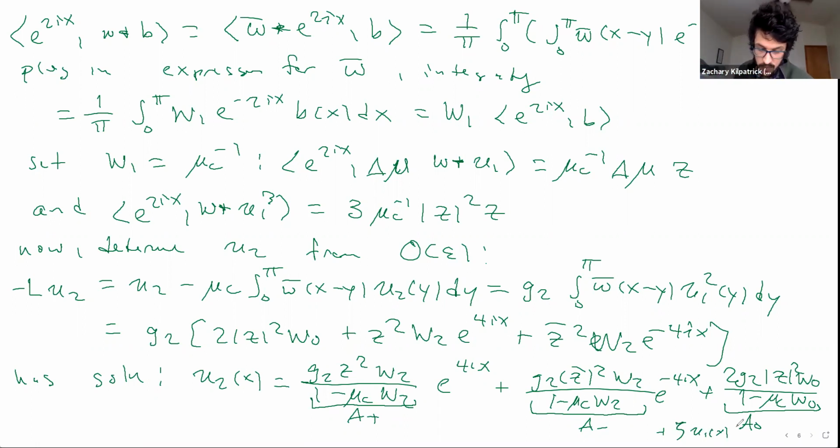So we're almost there. Okay. So this is your u2. You just need to solve for u2 just like you did in the homework problems in order to now plug it into the order epsilon 3/2 equations. Okay. So that means that I can finally compute this.